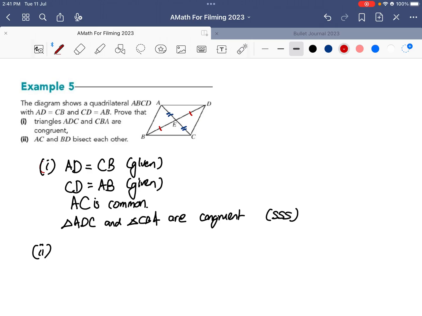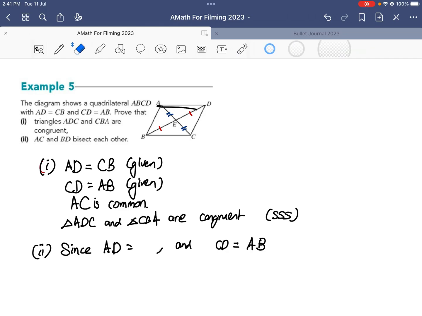How we will actually prove it is to say that since I know that AD is equal to CD, and CD is equal to AB. So when the two opposite sides are equal, what we know here is AD and CD are equal.